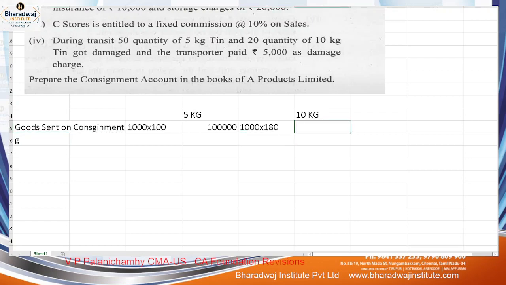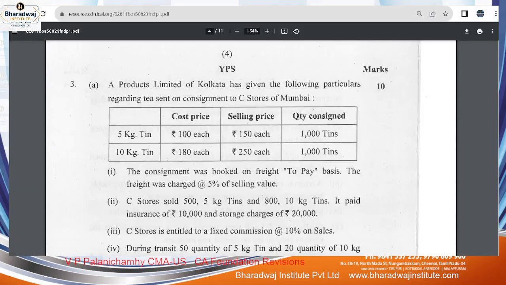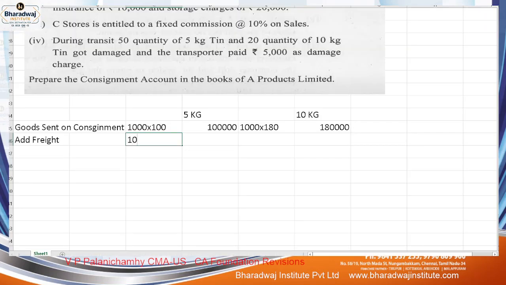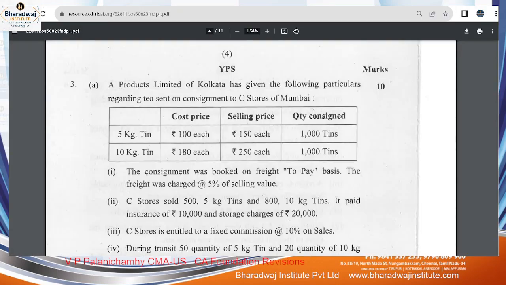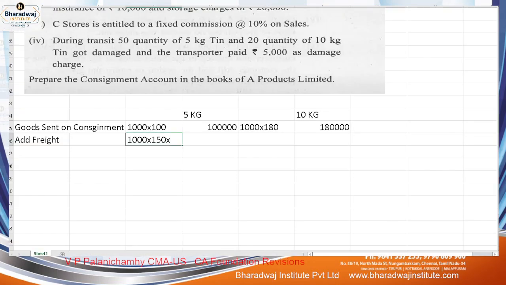How much will it come? Add freight. Freight is calculated based on the sale value. 1000 into 150 into what percentage freight? 5%. 1000 into 150 into 5%.